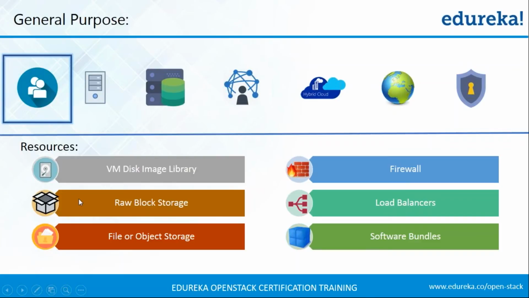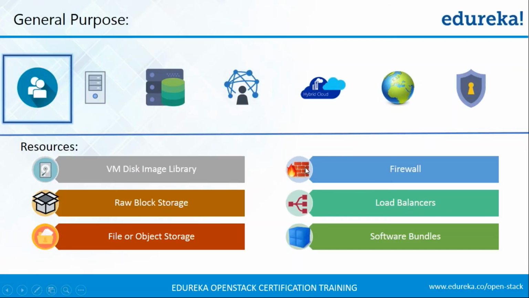And raw block storage means that these are storage areas and they are divided into different blocks, and each block can be actually controlled as an individual hard drive. You might need a file or object storage, and if you talk in OpenStack terms, you would need the Glance service over here, you would need the Cinder service over here, and the Swift service over here.